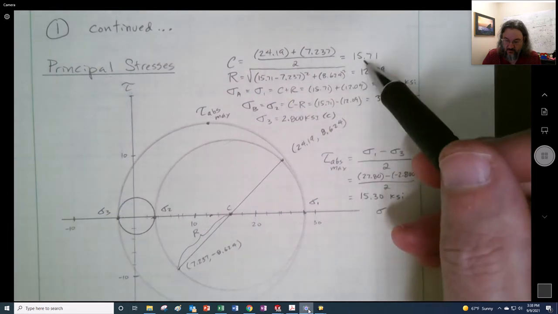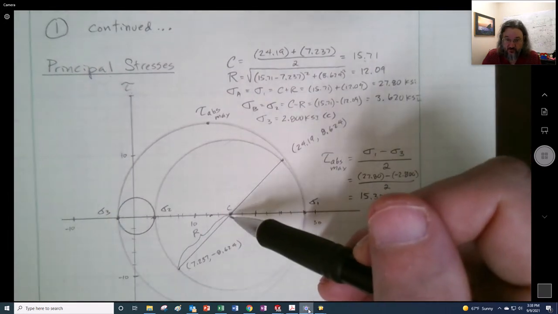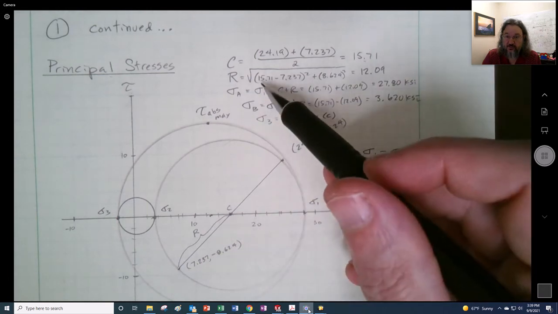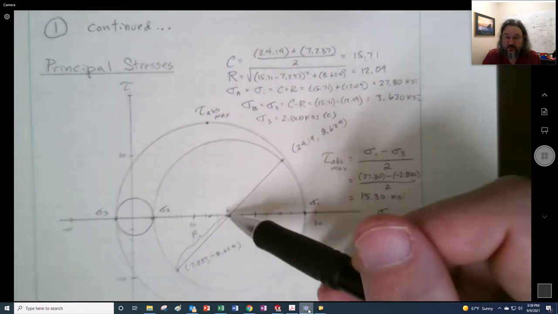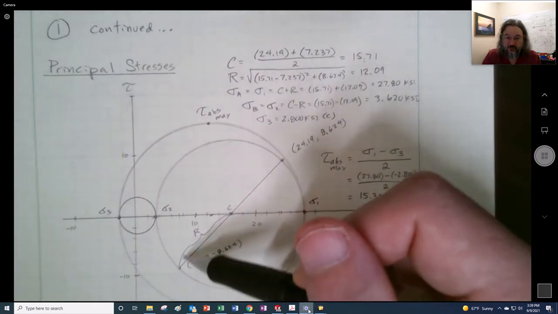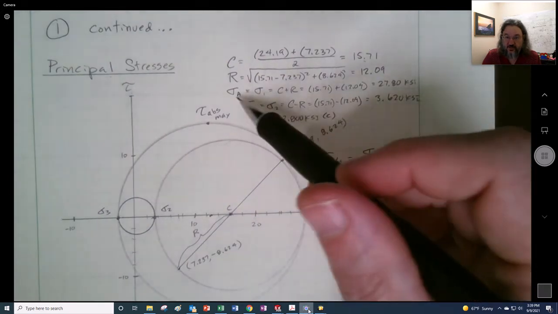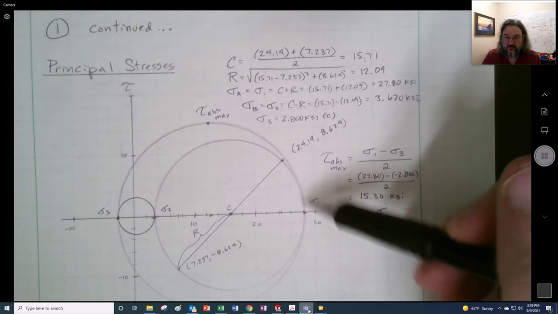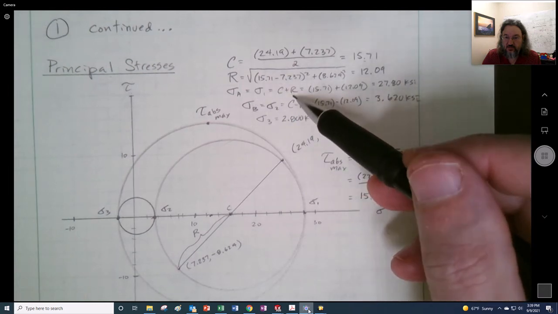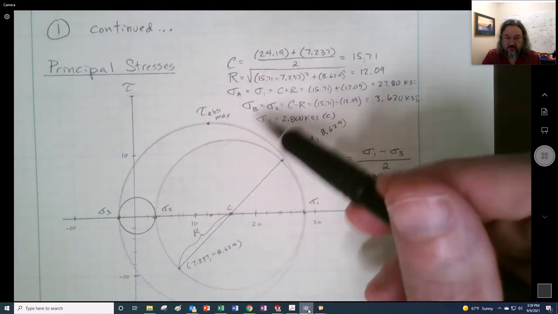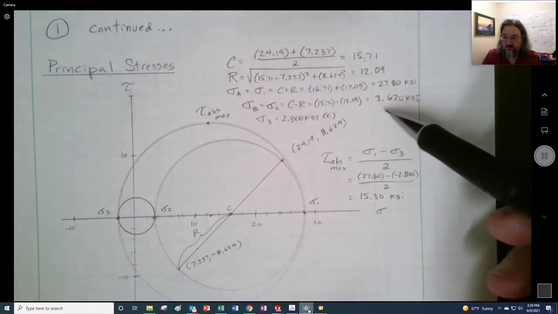So I took the 15.71 over right here, and I subtracted out the 7.237 right there to get that leg. And then the vertical leg is, of course, the shear. So I get 12.09. To get the principal stress here, it's C plus R. To get the principal stress here, it's going to be C minus R.